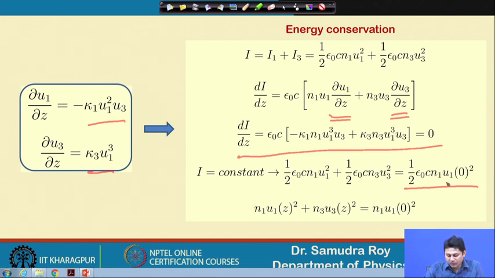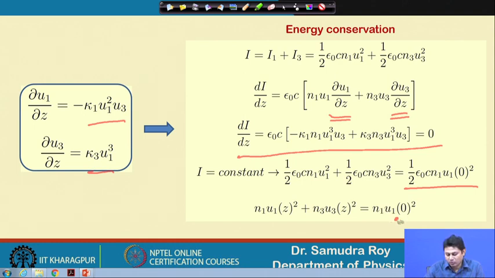So, from this equation I can get a relationship between u1, u3 and u1 0, which is the amplitude of the fundamental wave at z equal to 0, which is non-zero. So, n1 u1 square plus n3 u3 square is equal to n1 u1 0 square.